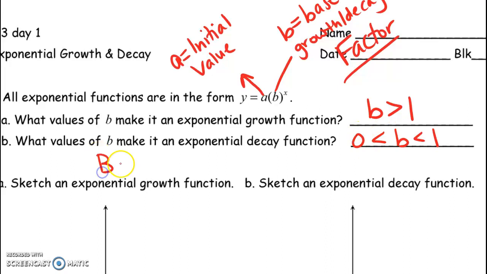So B will not equal 1. B will not be less than 0. Will not equal 1, will not be negative. Could A be negative? And what does a negative A value do? Reflects it over the x-axis, but B will not be negative.